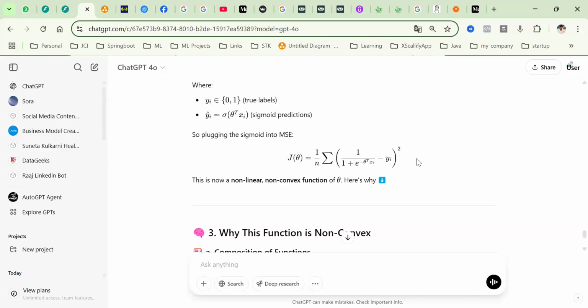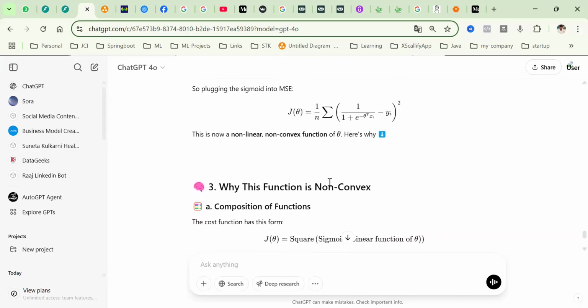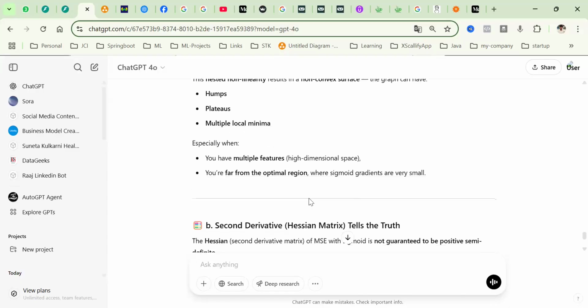This is the mathematical equation, but I really want to see in a visualization how this graph looks. It gives the information that this function is non-convex, but I want to see how it looks in space.